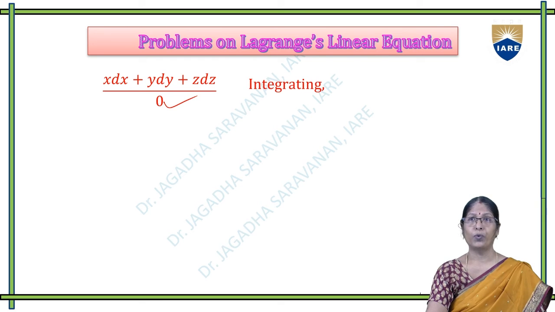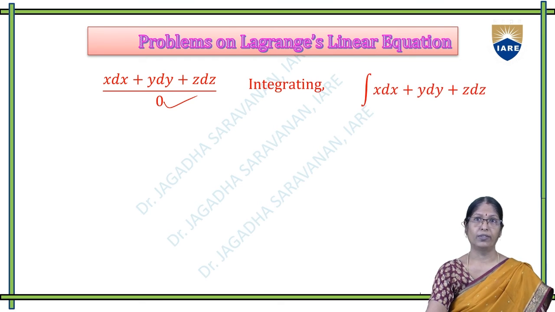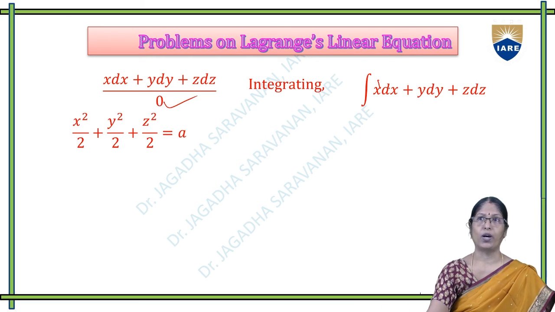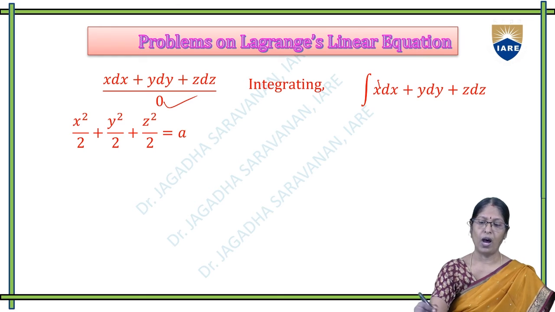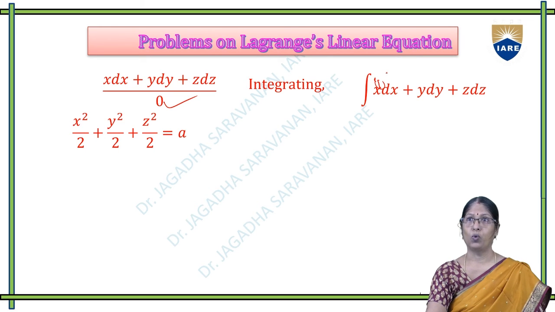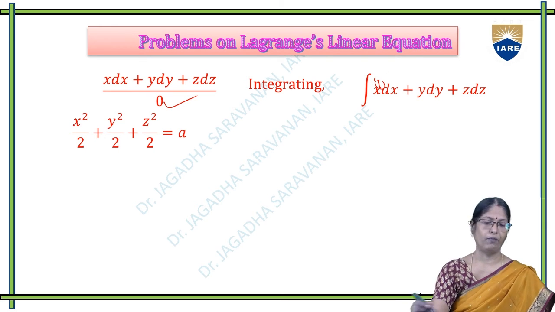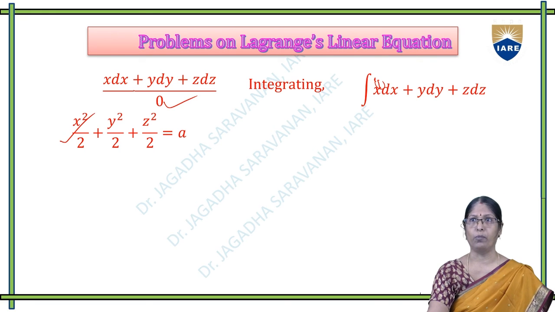So now we are going to do the integration, that is, integrating x dx plus y dy plus z dz. We know the simple integration: x power n integrates to x power n plus 1 by n plus 1. Our n is 1, so x square by 2.